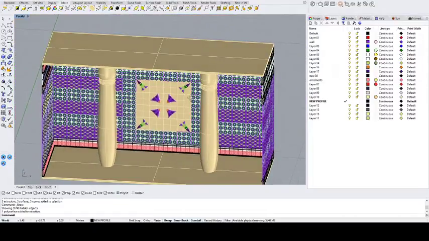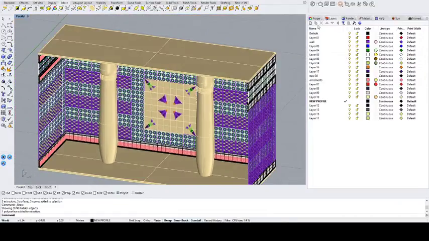So that's regarding Rhino. Also, please organize your layers in a better way. Okay. Especially if you're going to share the file.